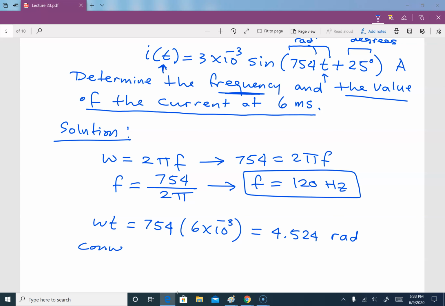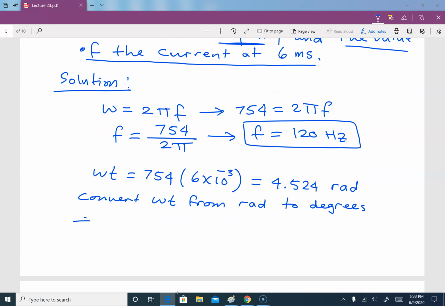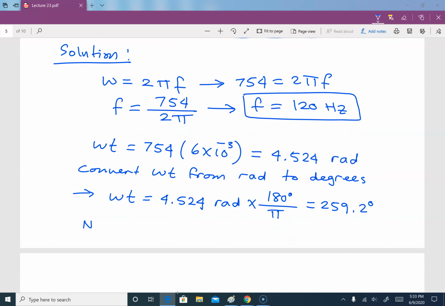Now convert omega t from radians to degrees. That will give us omega t equal to 4.524 radians times 180 degrees divided by pi, and that will be 259.2 degrees. So now substitute.